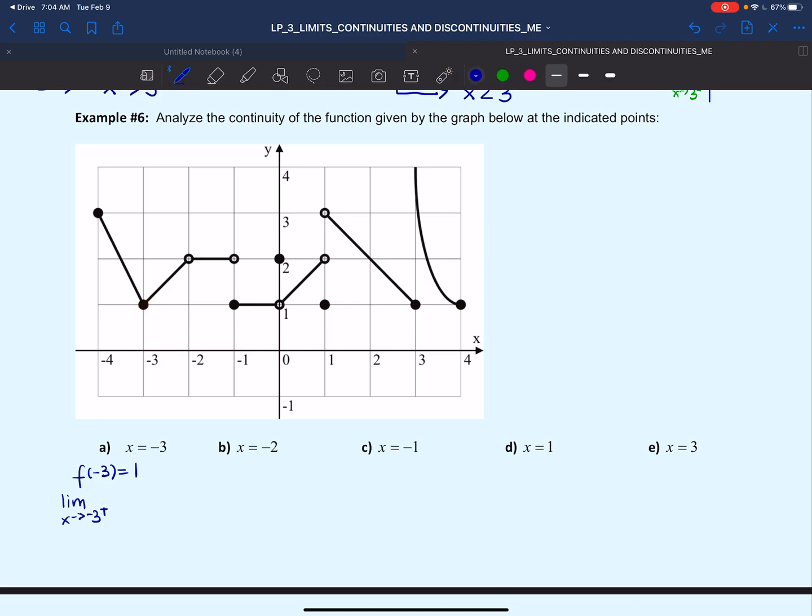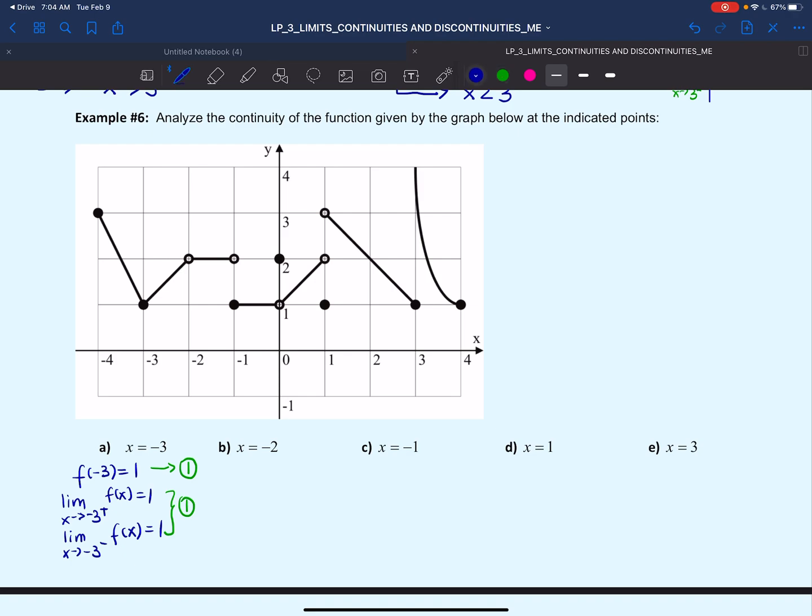The limit as x approaches negative 3 from the left is also 1. So left and right hand limits are equal. That makes the limit equal to 1. The value of the function is 1.